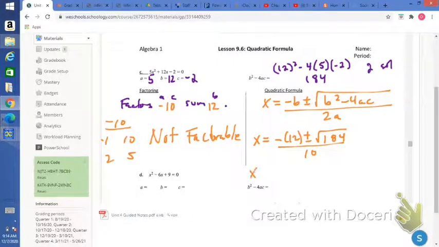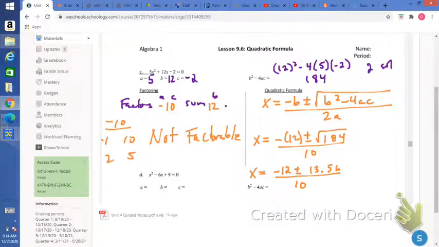So we have x equals negative 12 plus or minus. Now the square root of 184, we're going to have to put that in the calculator. That's approximately 13.56. And then divide by 10.